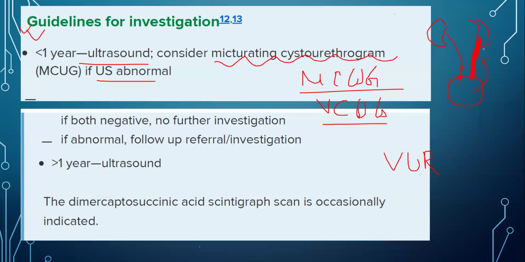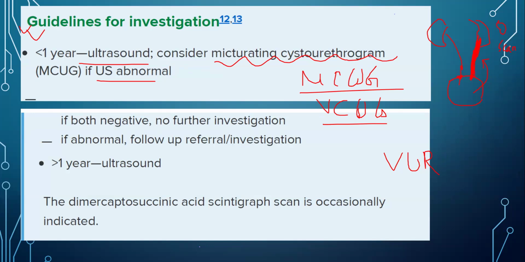And at some point, if there is a lot of urine backflowing, the kidney will start to become smaller. And that is what we call scarring of the kidney, so a scarred kidney. To diagnose this condition, you need to do an ultrasound. Sometimes the ultrasound can give some idea that there could be an abnormality, and then to confirm it, you do an MCUG.